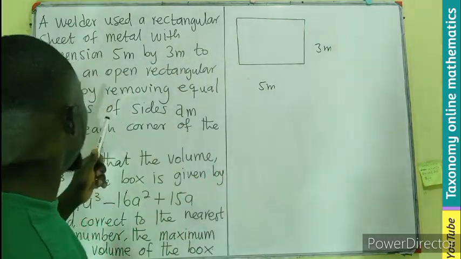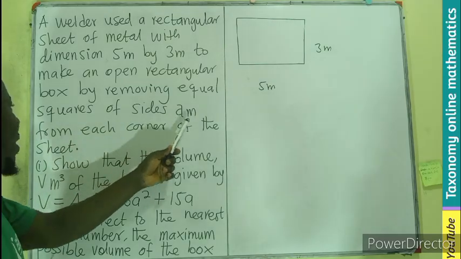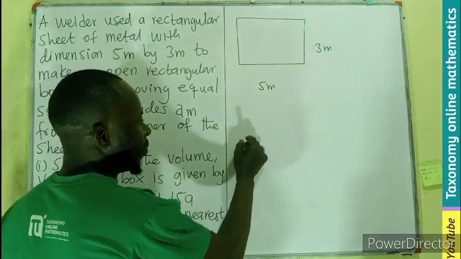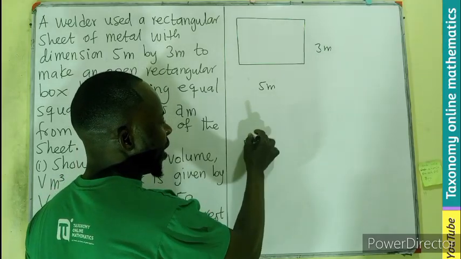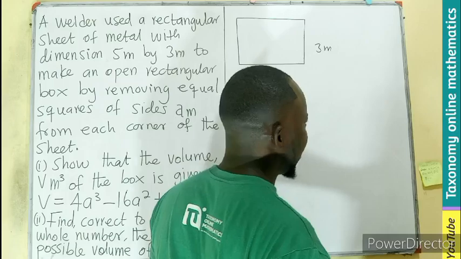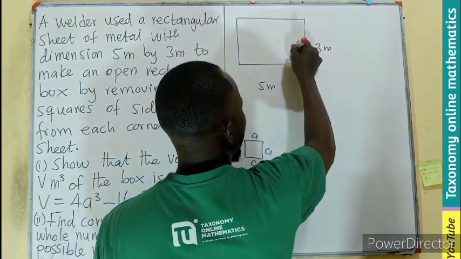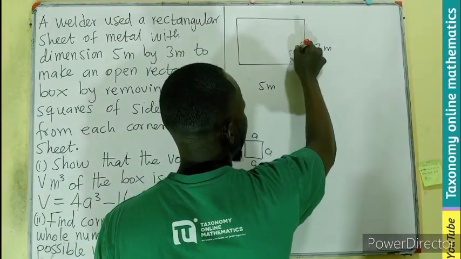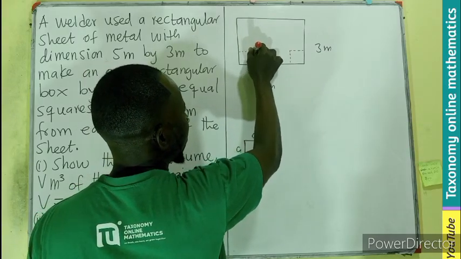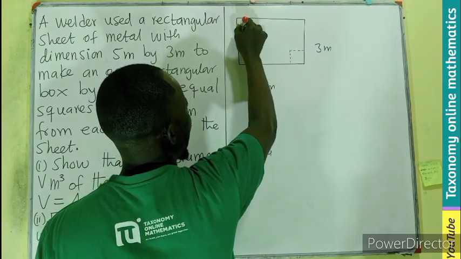Now, you decide to remove a square of a meters, meaning we have a dimension of a from the corners. So if we take away the a from this corner, the same will be taken away from this corner.